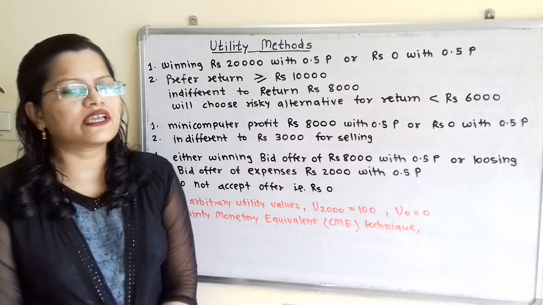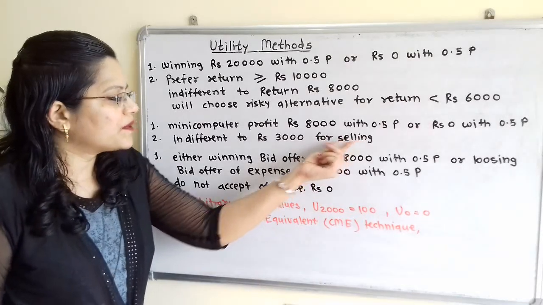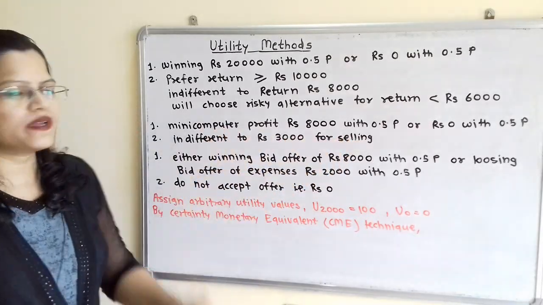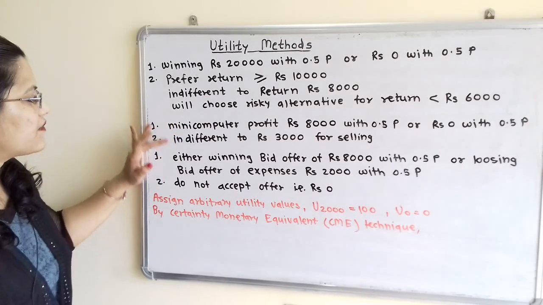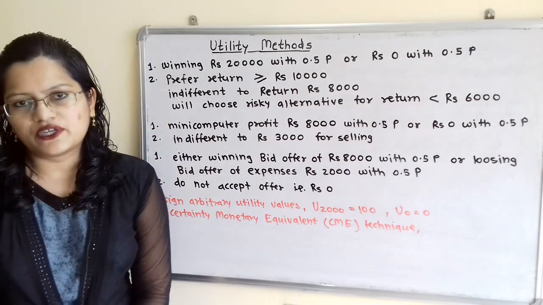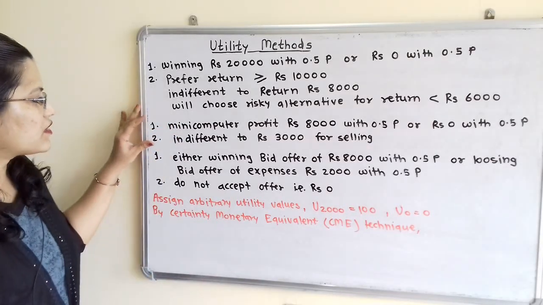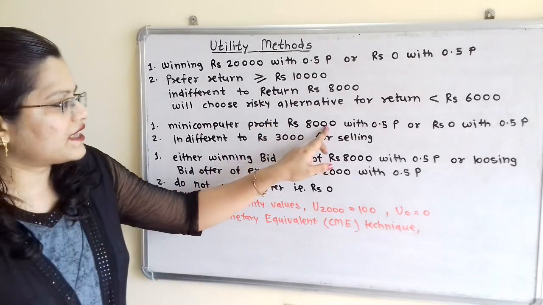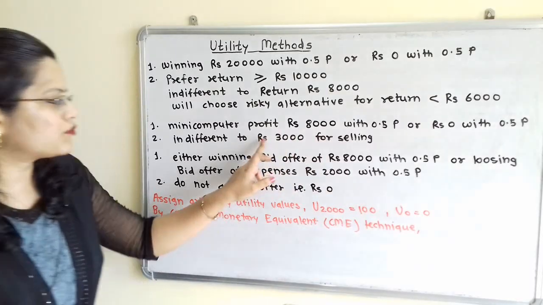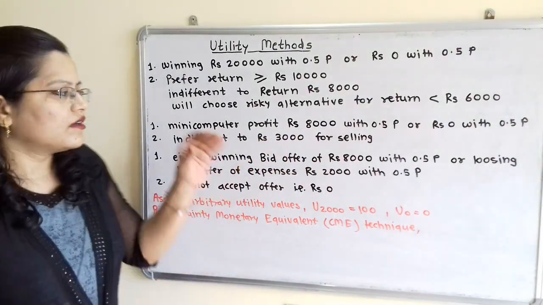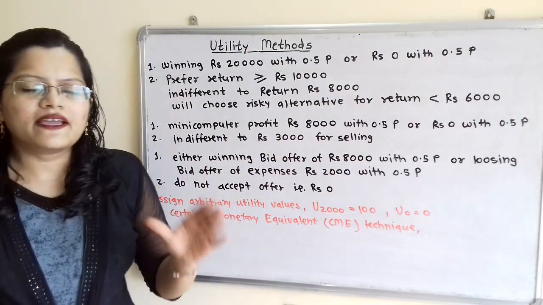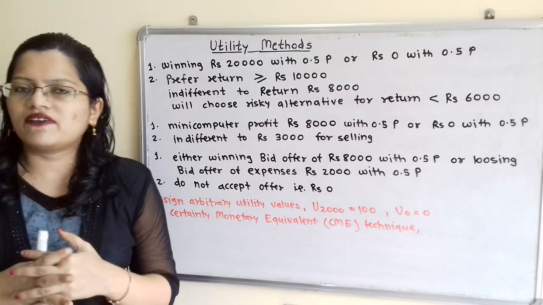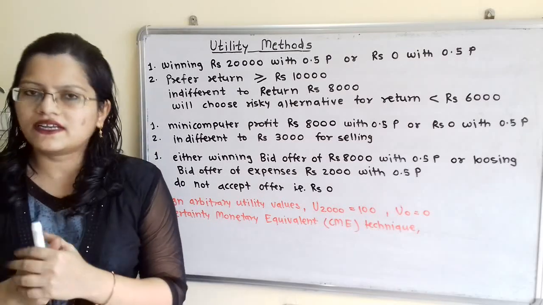That means if he gets rupees 3,000 by selling the minicomputer, then he is indifferent between these two alternatives. Again, for this second case, there are three outcomes: rupees 8,000, rupees 0, and rupees 3,000. So we can apply here the certainty monetary equivalent technique, that is the CME technique.